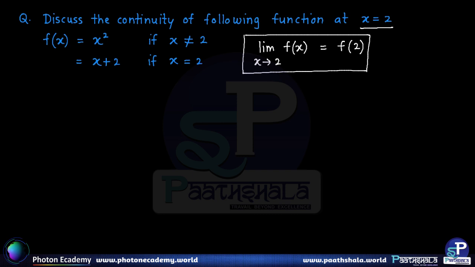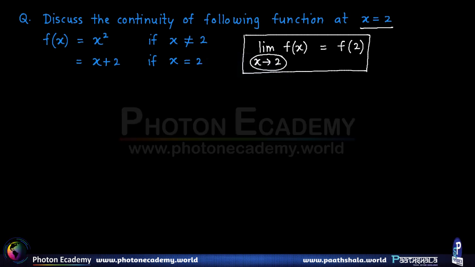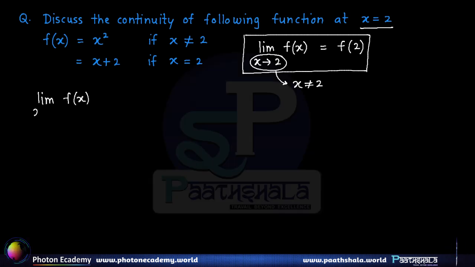Now to find the limit, that is when x tends to 2, it means that x is not equal to 2, isn't it? It is in the process of becoming closer and closer to 2. So when we want to find the limit of the function as x tends to 2, it basically means that x is not equal to 2.